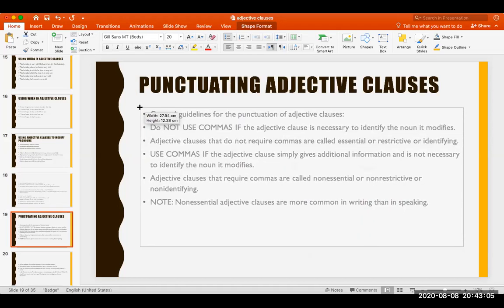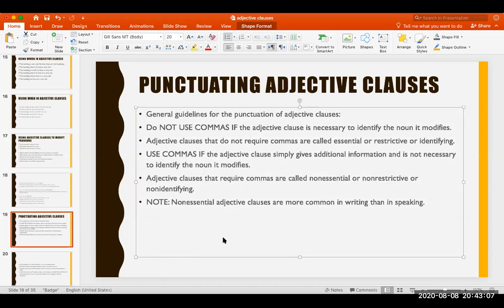Many students ask, okay, what about the punctuation marks? Sometimes punctuation marks are very tricky here. Look at this. Do not use punctuation marks if the adjective clause is necessary to identify the noun.